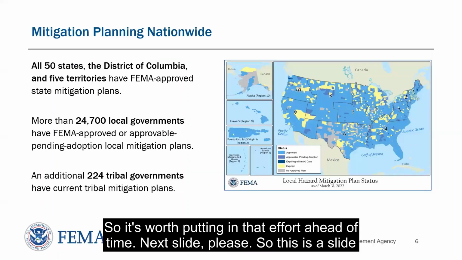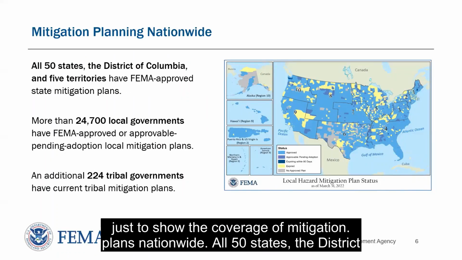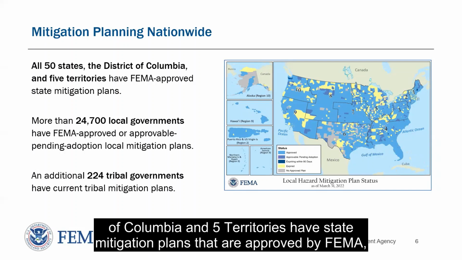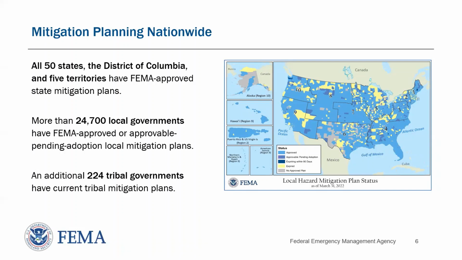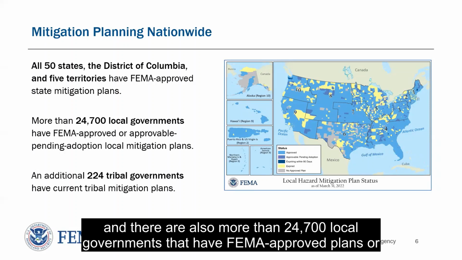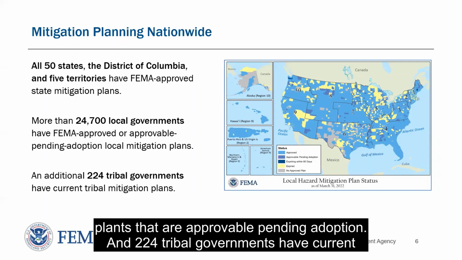So this is a slide just to show the coverage of mitigation plans nationwide. All 50 states, the District of Columbia, and 5 territories have state mitigation plans that are approved by FEMA. And there are also more than 24,700 local governments that have FEMA approved plans or plans that are approvable pending adoption.